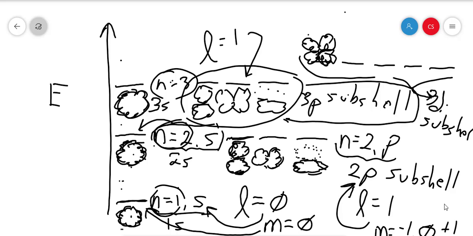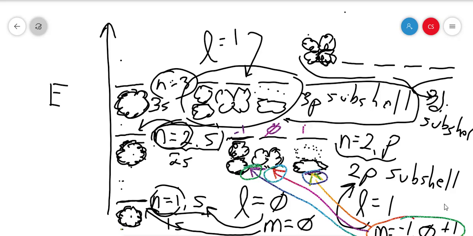Those 3 values correspond to the 3 different shapes that we have. So these 3 different shapes that I drew here before, one of them is m equals -1, another 0, another +1.